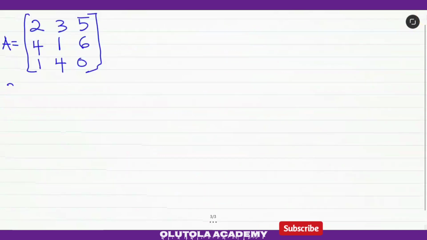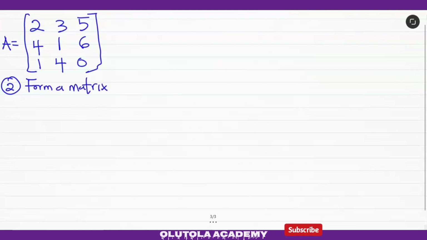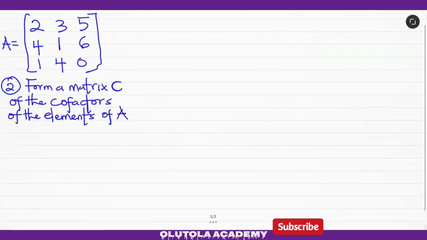So step 2 is to form a matrix C of the cofactors of the elements of A. What I'm expected to have will be something like matrix C of cofactors equals A11, that's row 1 column 1, A12 row 1 column 2, A13 row 1 column 3, and it goes on like that.